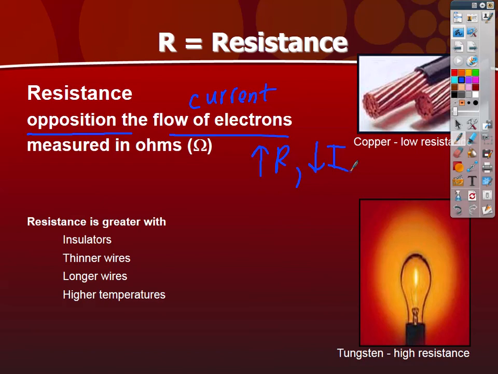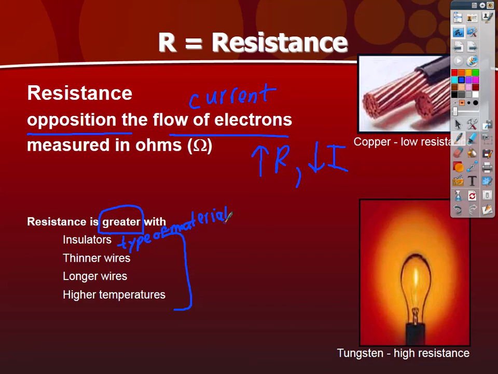Now, you do need to understand there's quite a few ways to alter the resistance of the object. There's basically 4 ways. All 4 of these are how to increase resistance. So the first one is make it an insulator. Essentially the first category would be what type of material do you have? If it's an insulator, it will have a higher resistance, because insulators resist the flow, the movement of charge.